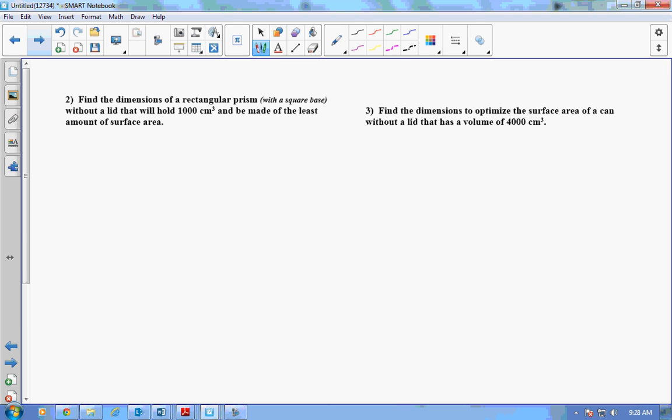Okay, number 2. Flip it over for number 2. Find the dimensions of a rectangular prism with a square base. What should we draw? Okay, so rectangular prism with a square base.